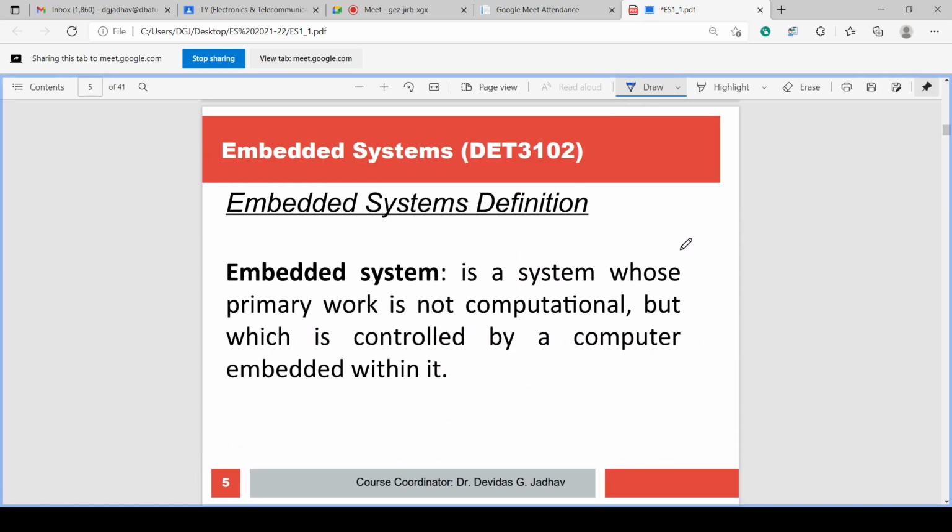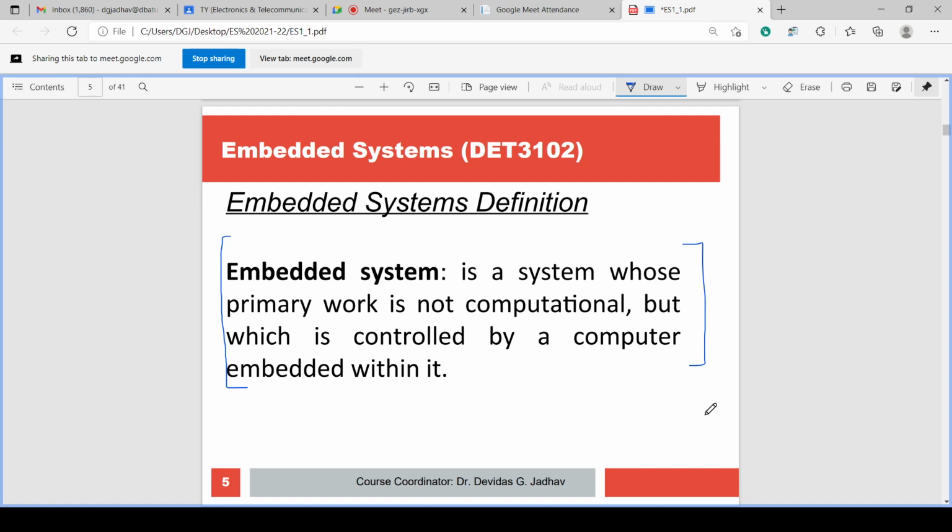We have seen the embedded system definition. In an embedded system, the primary work is not computational, but is controlled by a computer embedded within it. There is a computer in the embedded system, but computer is basically made for computation, so the primary work here is not computation.